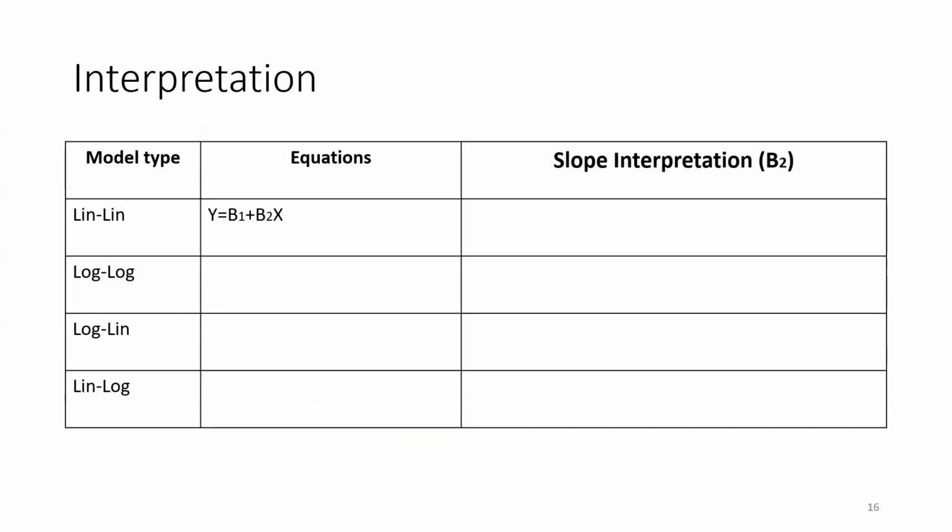Come to this slide, page 16. We start from linear. Lin is from linear, which means you put y or x alone. But if I say log, it's a logarithm.